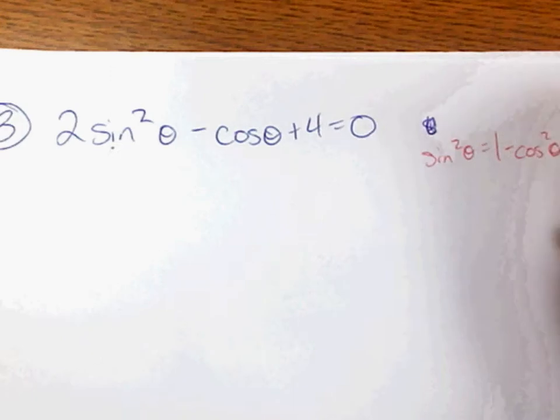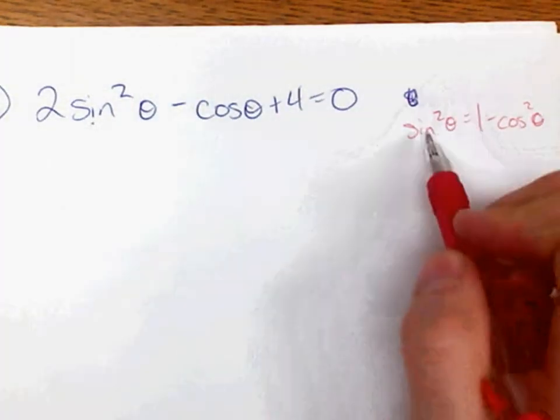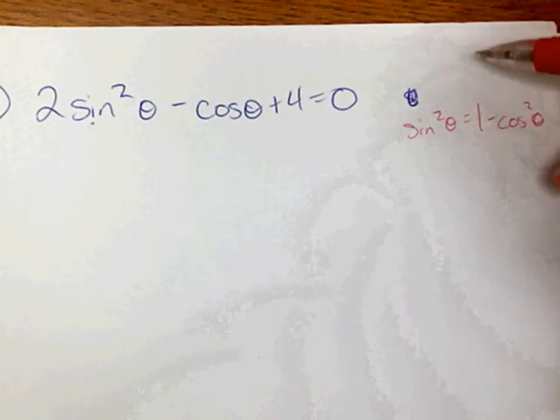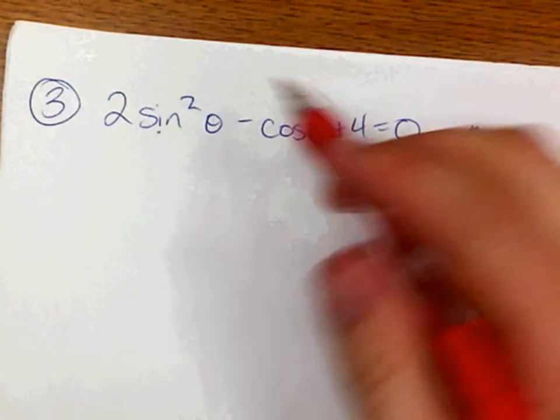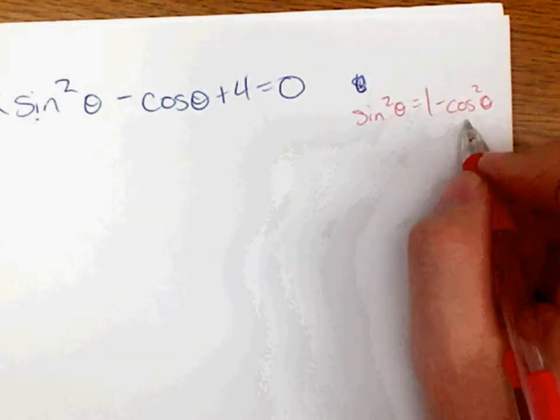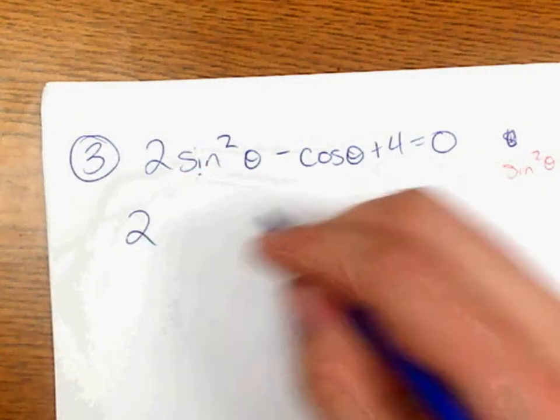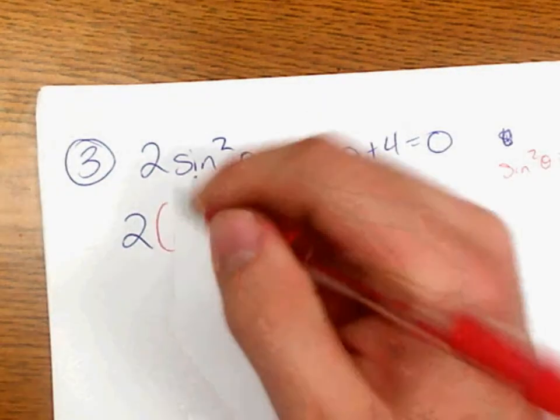So the nice thing about doing a lot of these problems in a row is you're going to be able to use the same identity multiple times. So I don't have to sit there and solve the identity every time. If you go back and look at problem number 2, I already know that sine squared theta equals 1 minus cosine squared theta. So I can save myself some time, and you might even memorize some of these eventually if you do enough of them.